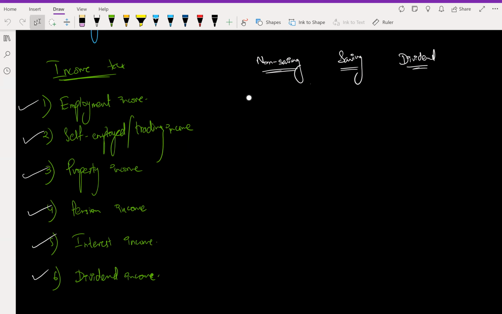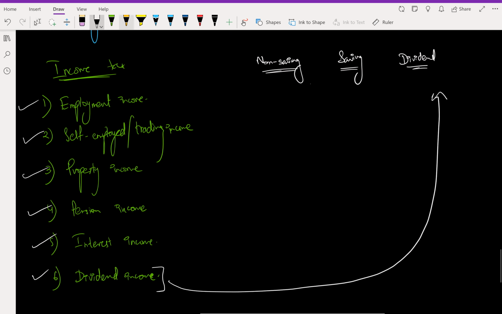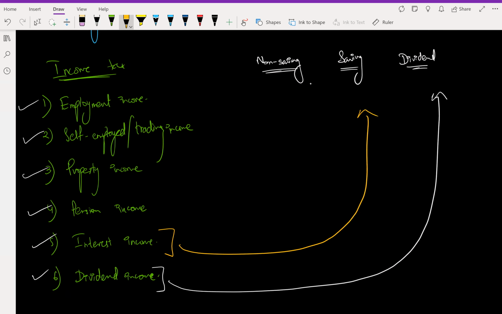For example, there are a total of 6 incomes. I am earning all 6 of them, for example. How do I categorize? Let's try to understand. Dividend income is obvious. That goes under the category of dividend income. Interest income, again, is obvious. Any source of interest income will fall under savings.